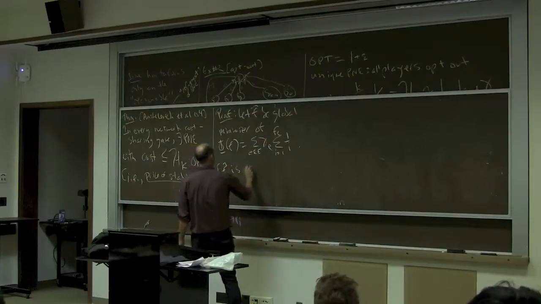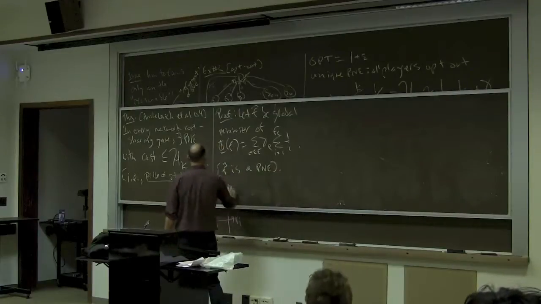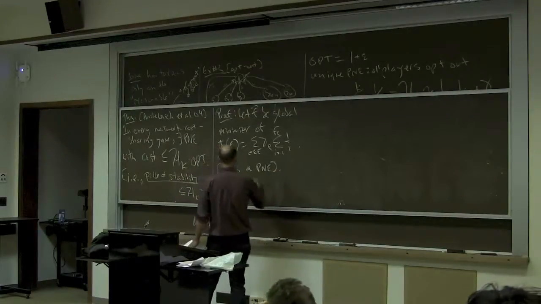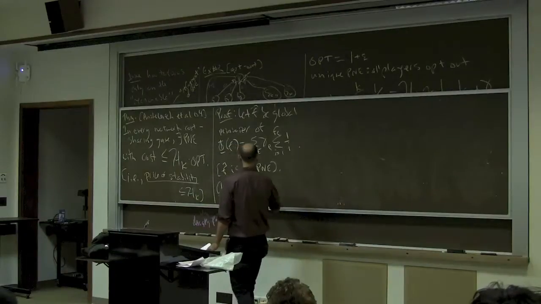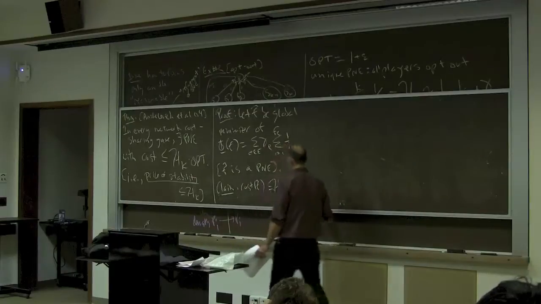We just argued that f is a pure Nash equilibrium. And the claim is that this particular pure Nash equilibrium is at most the kth harmonic number times OPT.